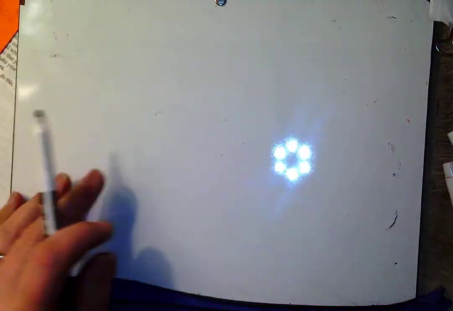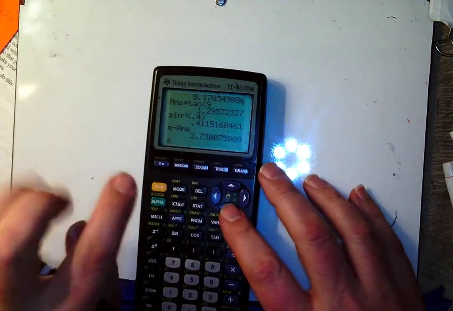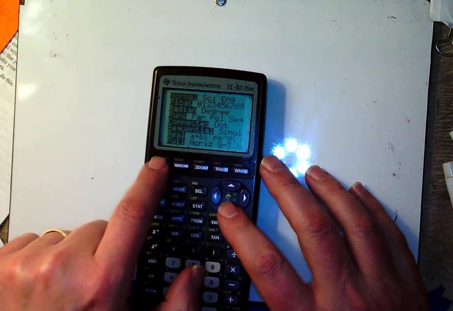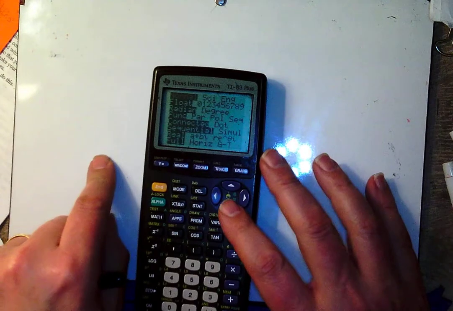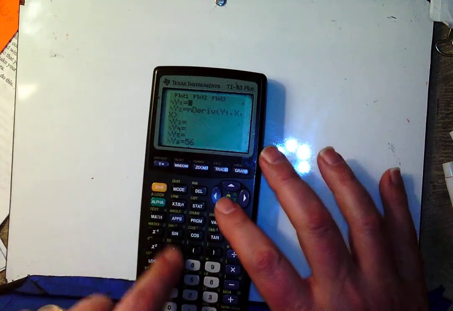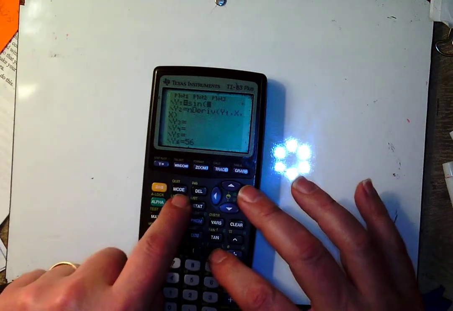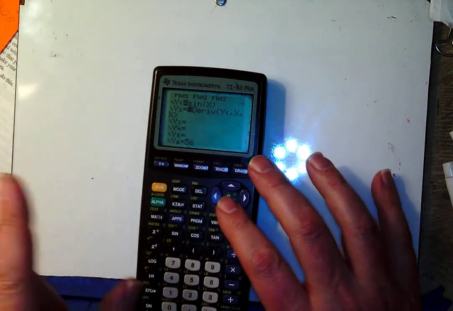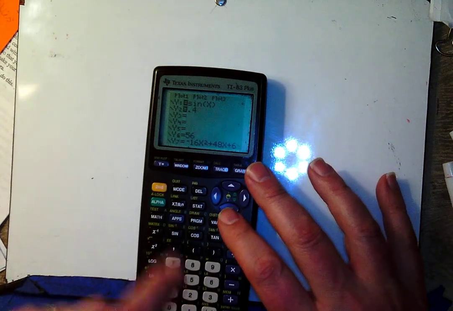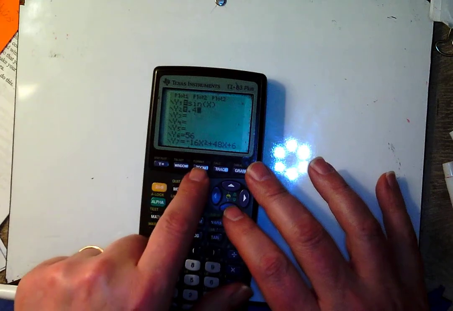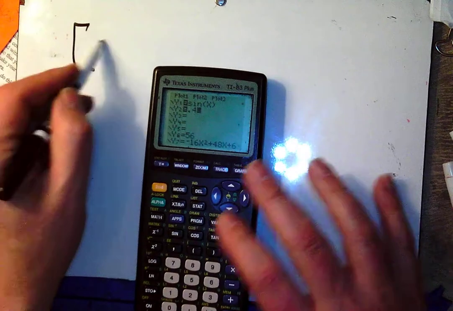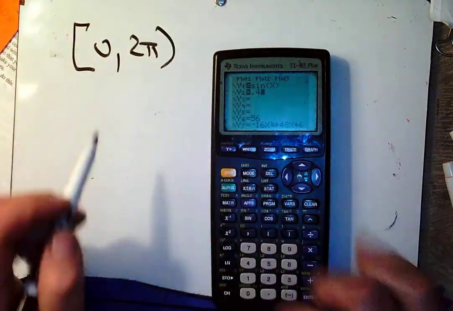And so I'm going to recommend that you always check to make sure you're in the right units. And anytime we do anything with a trig graph, you want to be in radians. So what do we have? We have sine theta. And what else did we have? We had 0.4. Now what I'd like to do here is change my viewing window. My x values go from 0 to 2 pi.